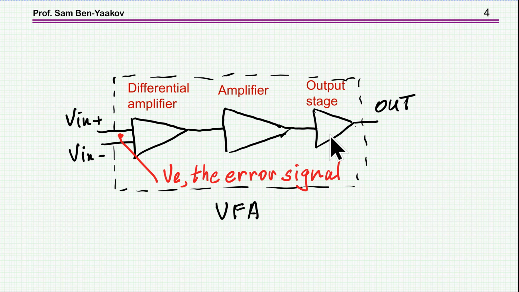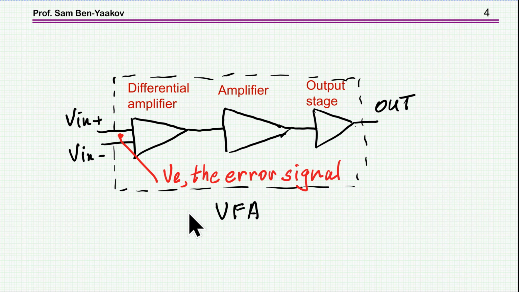Let's see what the difference is between the VFA and the CFA, the voltage feedback amplifier and the current feedback amplifier. The basic structure of the VFA is a differential amplifier at the front, then the main amplifier, and then an output stage for delivering the current to the load.